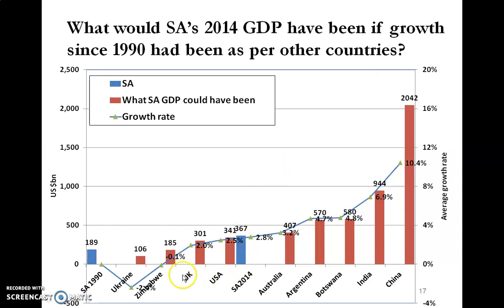If we had grown at India's growth rate, which was 6.9% since 1990, then in 2014 our GDP would have been $944 billion, when in actual fact it was $367 billion.